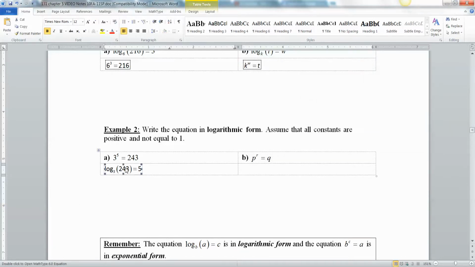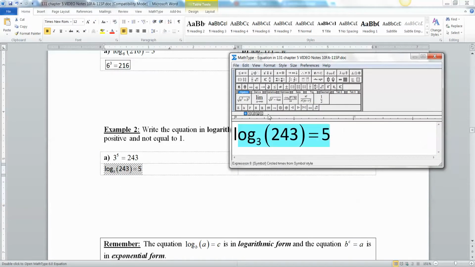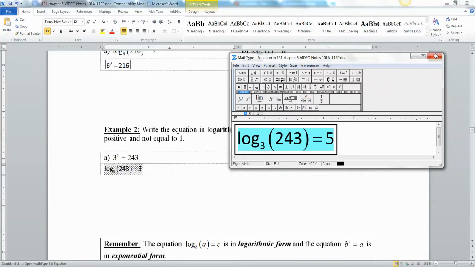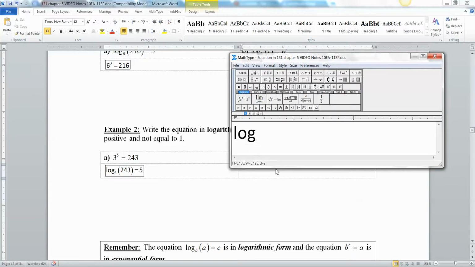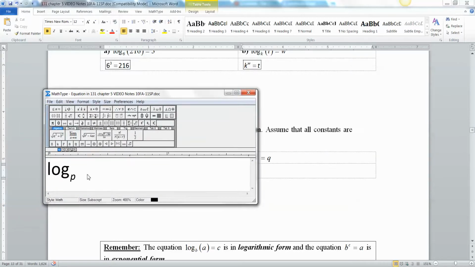Cool, that's logarithmic form. I better box it because it's the answer. And then over here, the log base p of q equals r. Done with that.